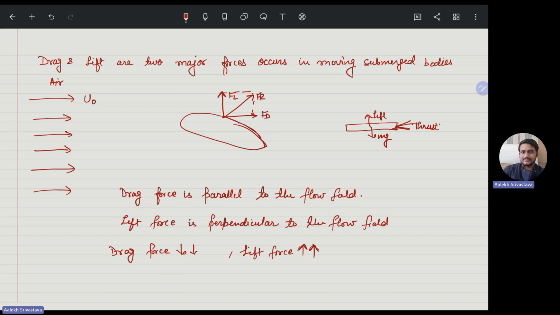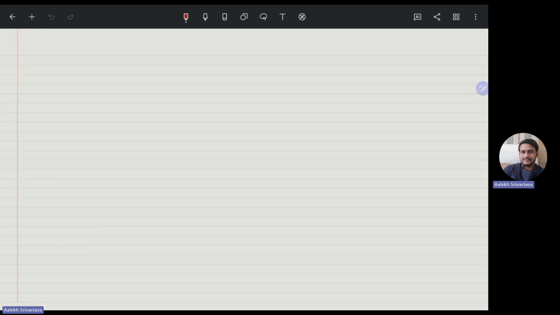If you apply the force balance equation, lift is equal to weight, that is mg, and thrust minus drag is equal to the net force, that is mass into acceleration. So I want to reduce the drag so that we can get a net acceleration term. Where does this drag come from, and how is this lift force originated?